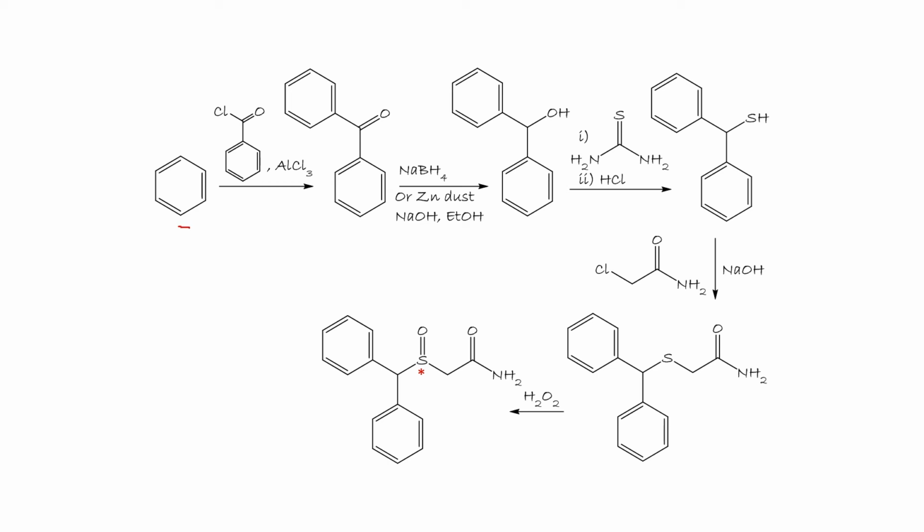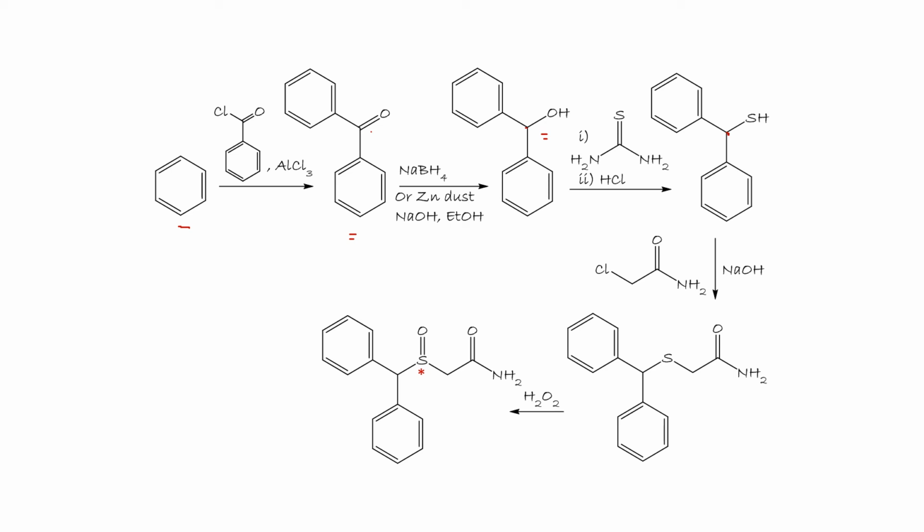Okay, so reacting benzene once again with benzoyl chloride, aluminum chloride, benzophenone, reduce the carbonyl to OH using sodium borohydride or zinc dust in basic media. Now, the scientists found that reacting the alcohol with thiourea, followed by acidification, provided the thiol.